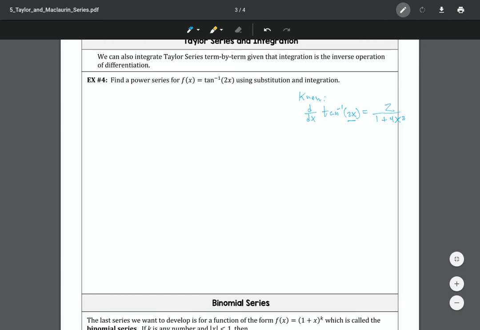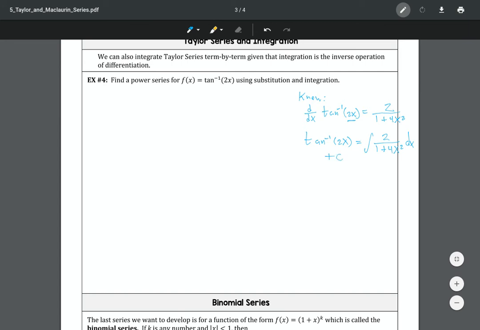Well, what I know is that the antiderivative, and this is the reason that I'm doing this, of 2 over 1 plus 4x squared dx is the inverse tangent of 2x plus c. All right, so that's the reason that I'm doing that.